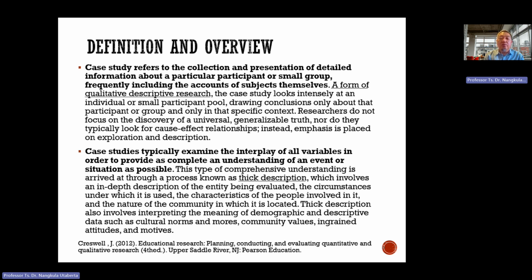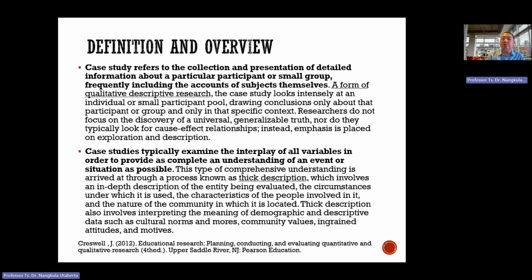Why a case study is used in most architecture research is because we are used to it. We have things called precedent studies in our studios. A case study is basically a type of precedent study, or what we call typological studies.